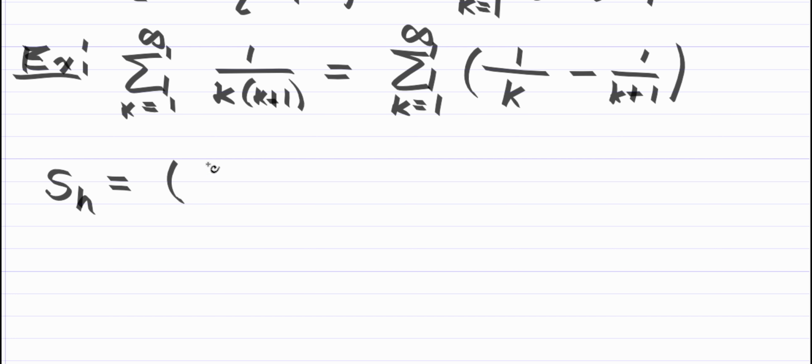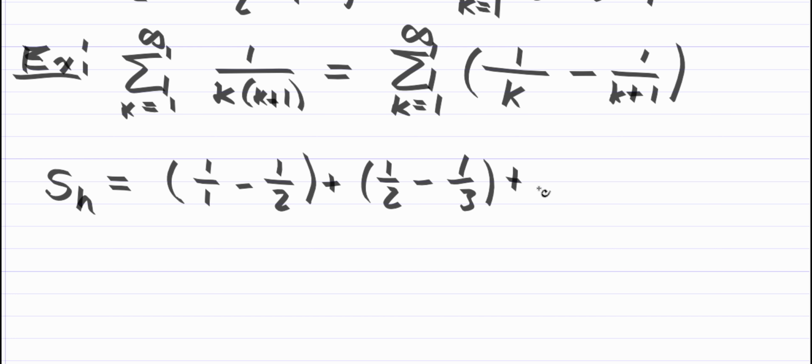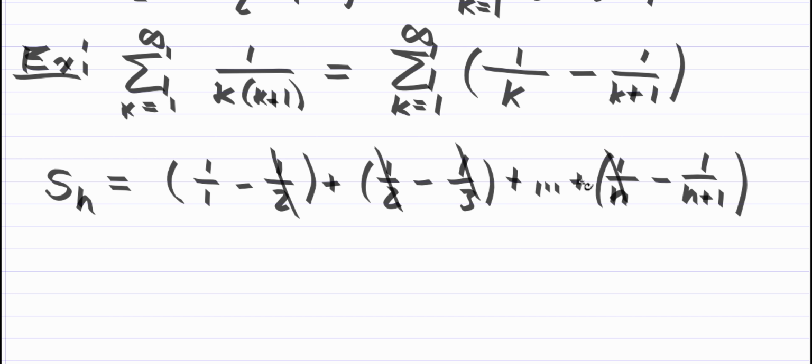Well, the k equals 1 entry is 1 over 1 minus 1 over 2, plus 1 over 2 minus 1 over 3, so on and so forth. And the nth term will be 1 over n, which will cancel out, minus 1 over n plus 1. So the intervening terms all cancel out, and I'm left with just 1 minus 1 over n plus 1.